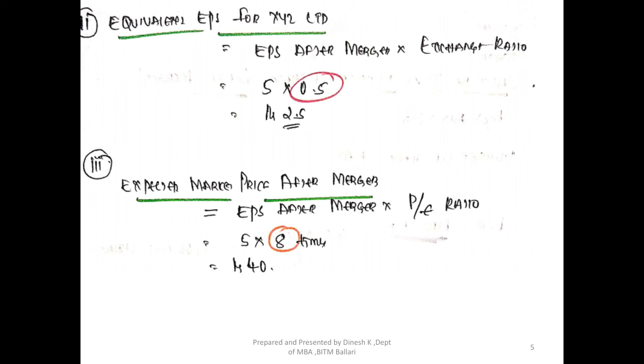So EPS after merger, which we have calculated in sub question 1, multiplied by P/E ratio, which is given in the data of an acquiring company. So EPS after merger was 5, multiplied by P/E ratio of an acquiring company, which is 8. Since it is said that there is no change in the P/E before and after, we have taken 8, which is given in the data, right? 8 into 5 comes out to be 40. That is, the post merger market price would be rupees 40.